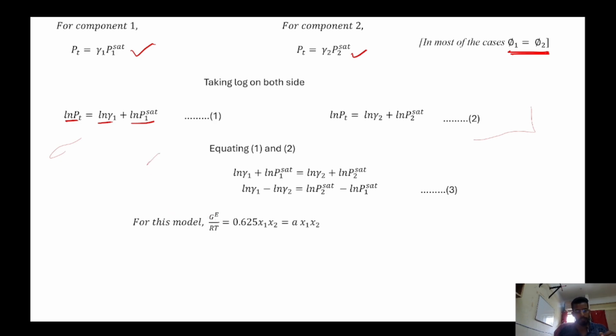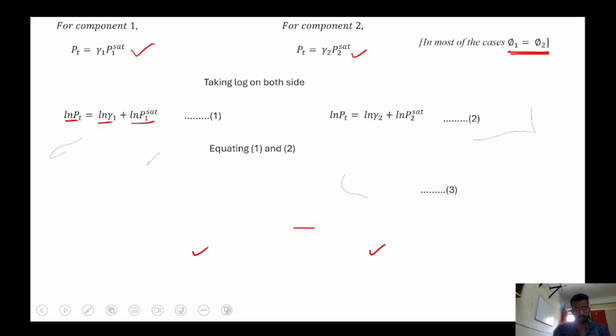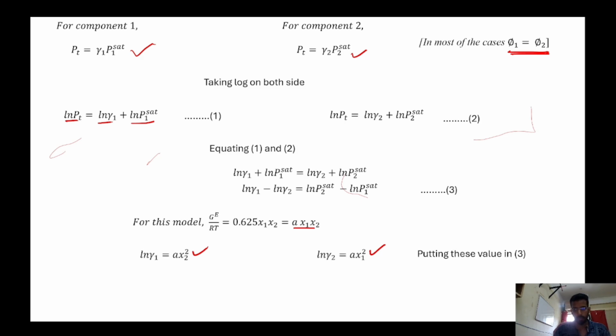For this model, GE upon RT is 0.625 x1 x2, that is A x1 x2. That means ln gamma 1 equals A x2 square, as I said, and ln gamma 2 becomes A x1 square. Okay, so putting these values of ln gamma 1 and ln gamma 2 in equation 3, we will get this.